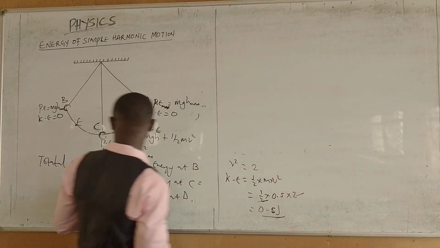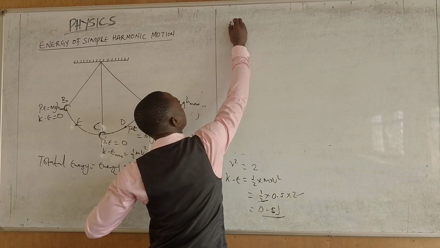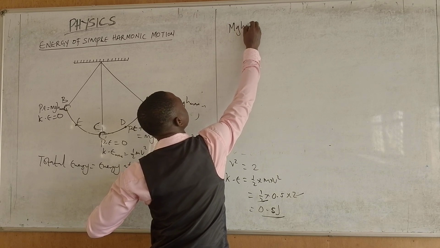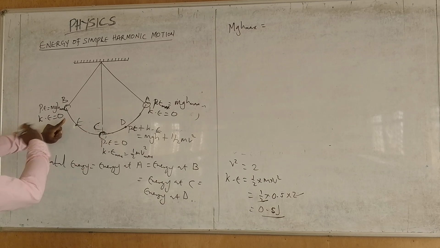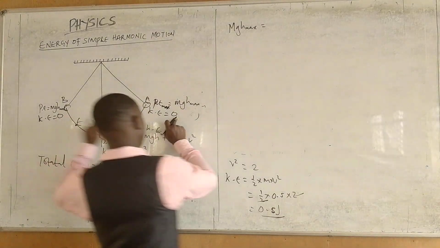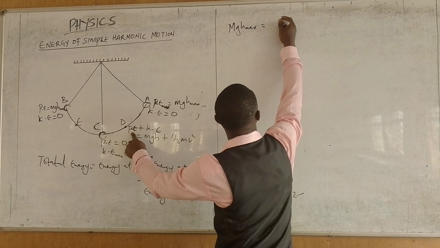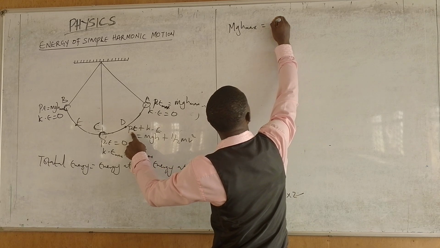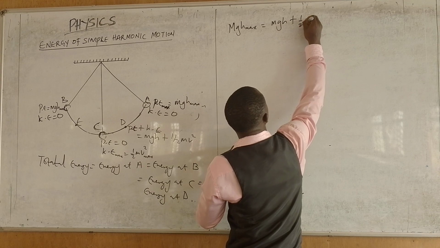Okay? So what's the energy at A? The energy at A is mgh max, then equals, I don't need to write energy at B because it's still the same thing. KE is 0, so I don't need to write half mv squared. Then it's equal to energy at D. What's energy at D? mgh plus half mv squared.